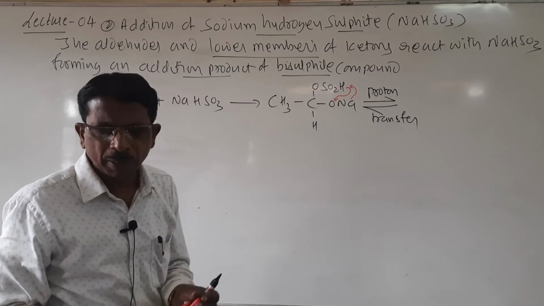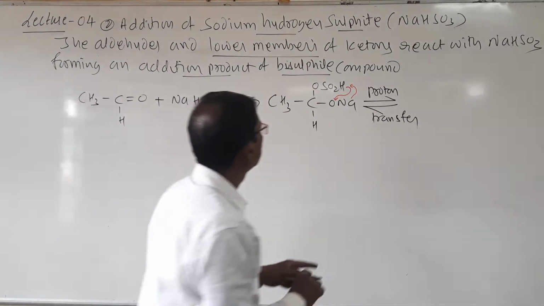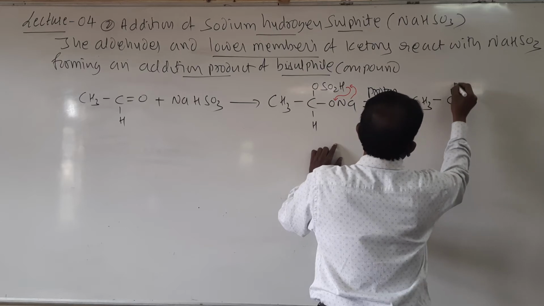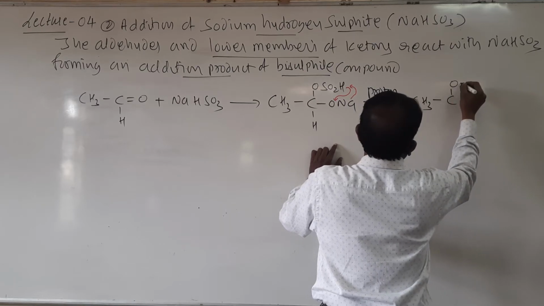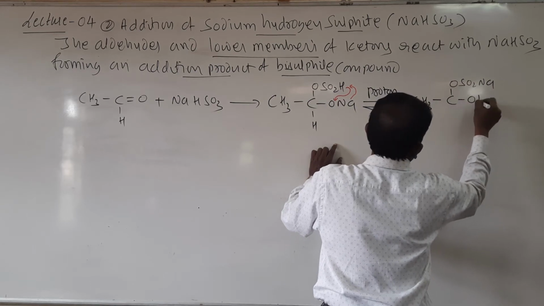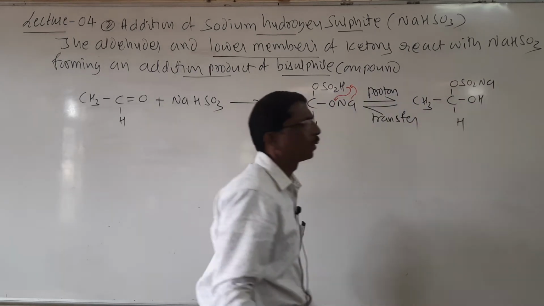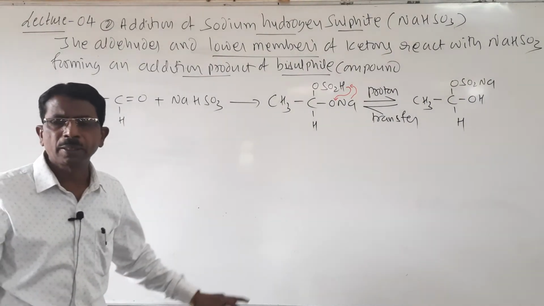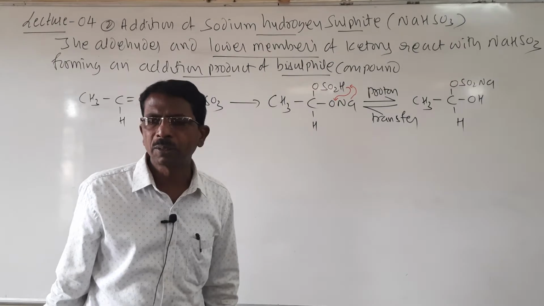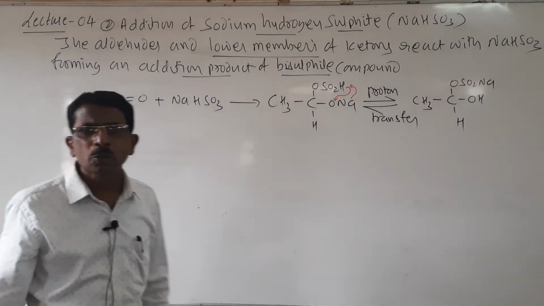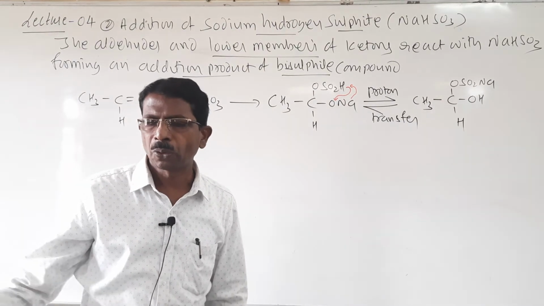So proton transfer takes place and it forms an addition product, CH3, C, O, SO2Na, and then here it is OH, H as it is. So this is called an addition product. Look here students, this is called an addition product. So here it is about this sodium bisulfite compound.